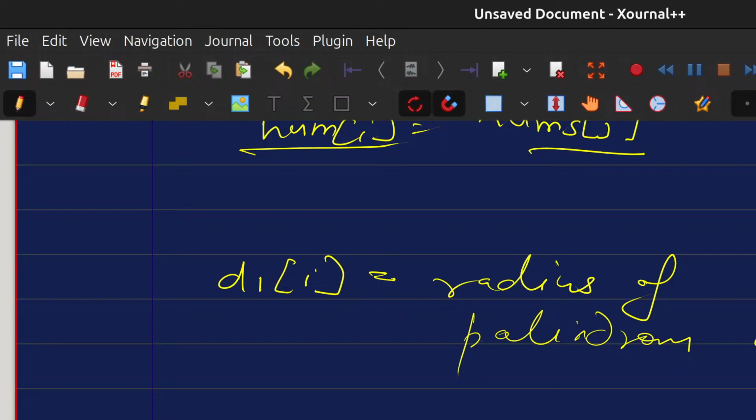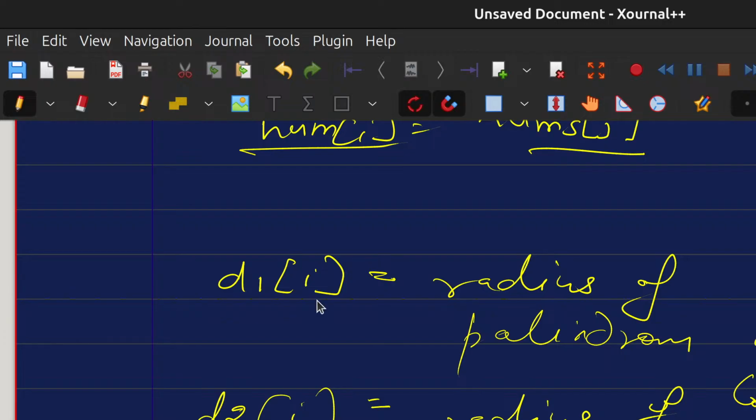Okay. d2 of i computes the radius of the longest even palindrome, which will be centered between i minus 1 and i. Okay. So it all works in order of n time.